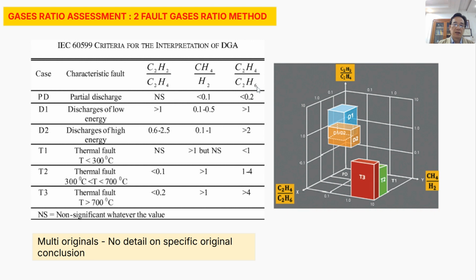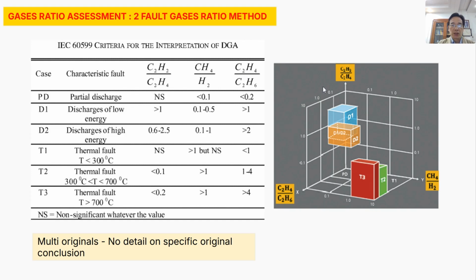That is acetylene C2H2 per ethylene C2H4. Then we have the ratio of methane per hydrogen. Then here we have the final ratio: ethylene per ethane. Then based on the ratio of these gases, we have three ratios.